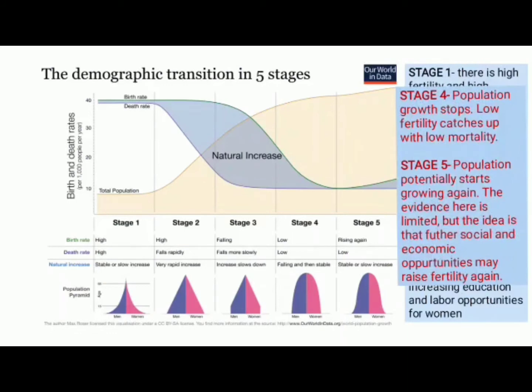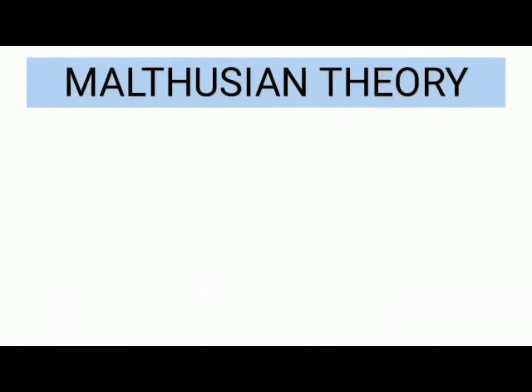Population growth stops. Low fertility catches up with low mortality. Stage 5. Population potentially starts growing again. The evidence here is limited, but the idea is that further social and economic opportunities may raise fertility again. And this will lead us to Malthusian theory.